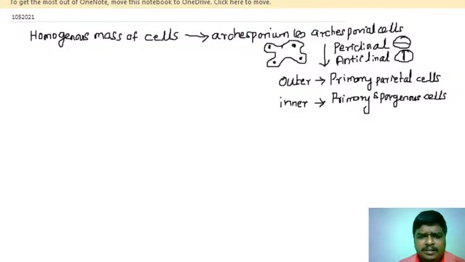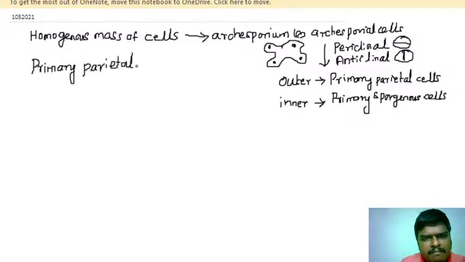Now what will happen? The primary parietal cells, the outer layer, form three structures. One is the endothelium or epidermis.